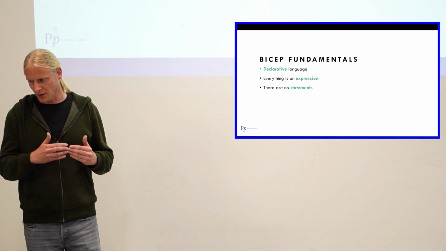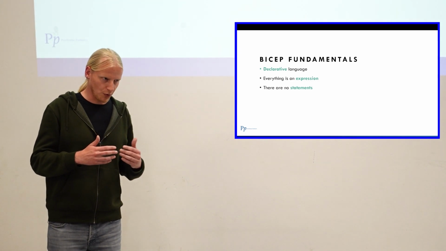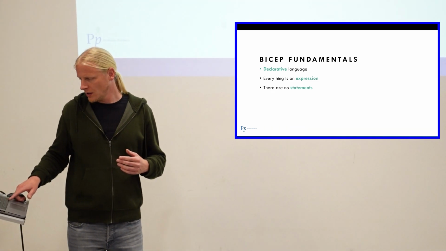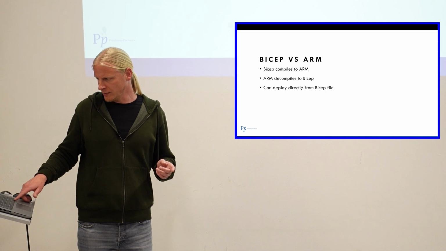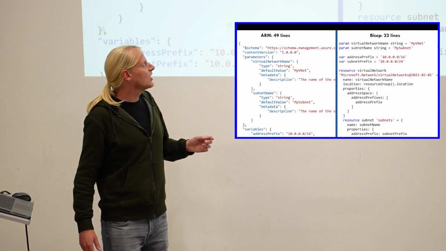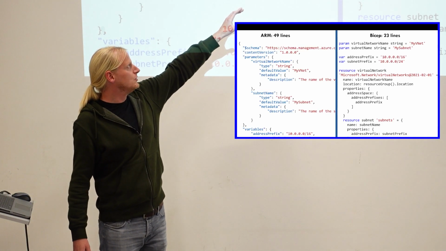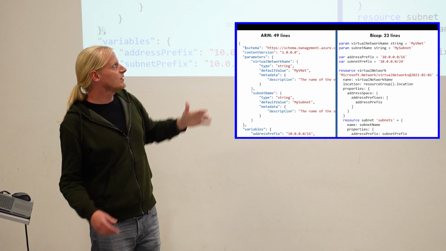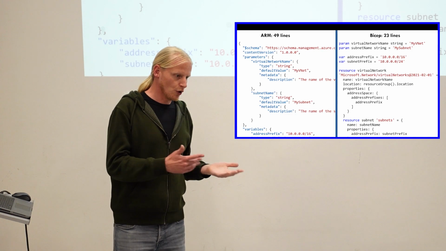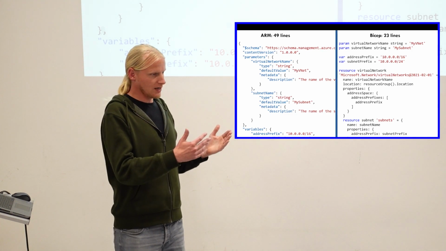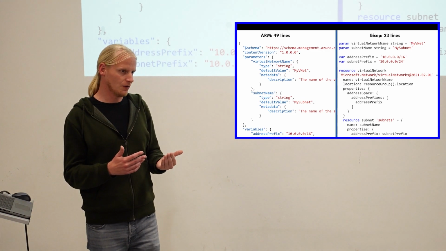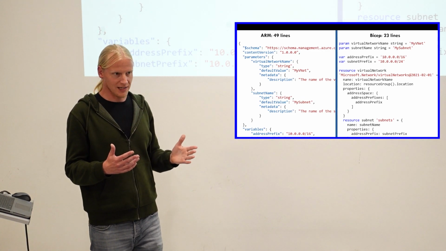And it's also not possible to write statements in Bicep files. So that can sometimes be a little bit confusing. If I go back to this example, for example, at the top, you see you have these two variables, address prefix and subnet prefix. Well, if this were an imperative language, you would expect that at some point I can assign a different value to that variable, but that's not possible in Bicep.